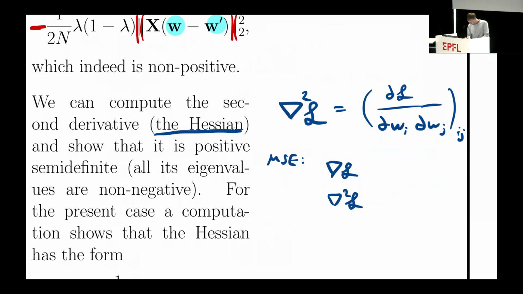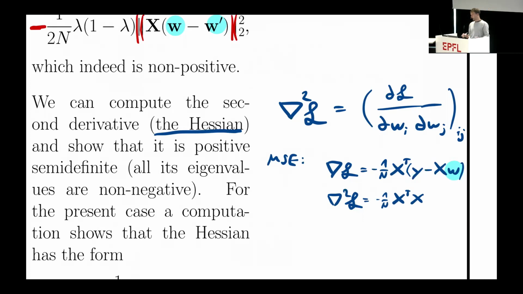Actually, I'll try to write a bit more clearly. So if you differentiate this again, it's very simple. You just get the matrix which is in front of this variable, which is your W. So the result actually is a matrix, and which one? The square matrix, and it's just X transpose X. So what is this?